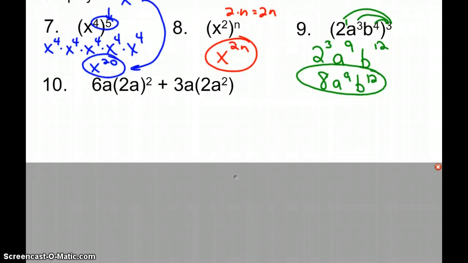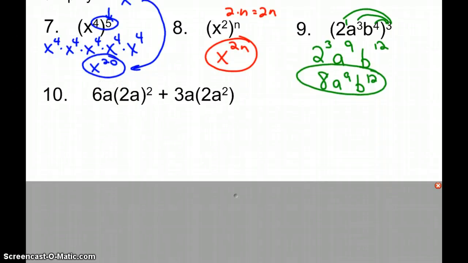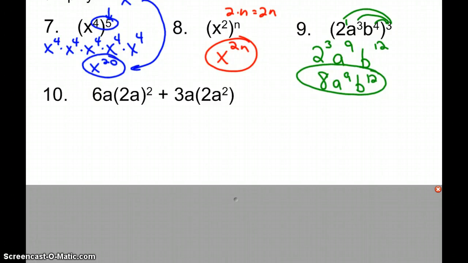In our final example, with number 10, we have 2 separate expressions separated by a plus sign. And so if we look at the expression on the left, we have 6a times 2a quantity squared.